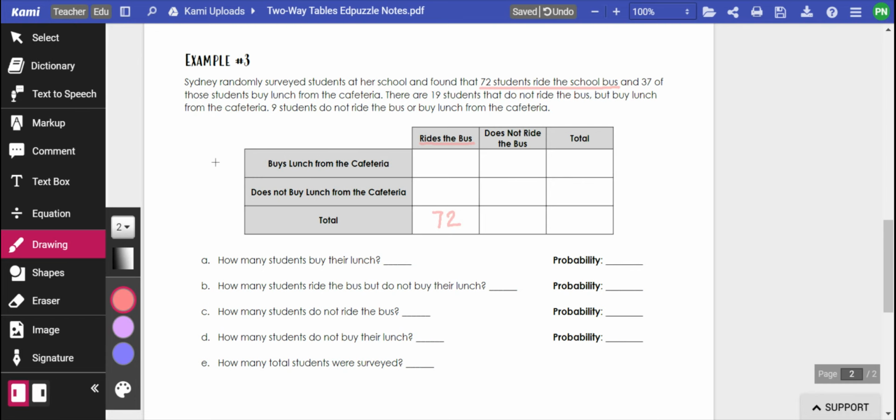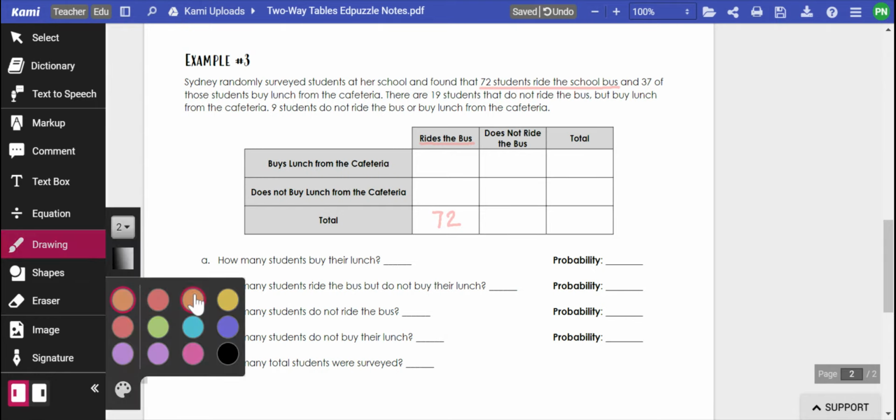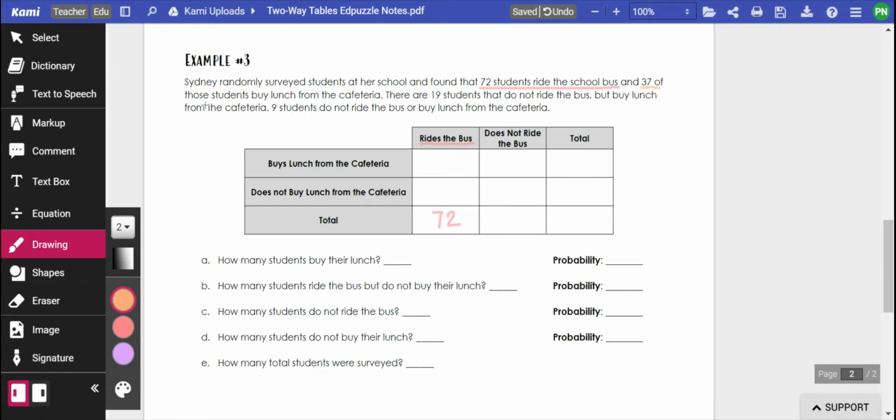And then it says 37 of those students buy lunch from the cafeteria. So I'm just going to underline that. From this 72, 37 of them buy lunch from the cafeteria. So in order to figure out what this missing number is, all we have to do is subtract 37 from 72.